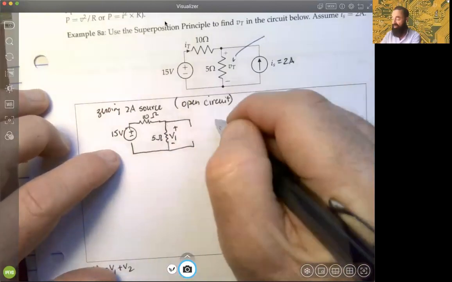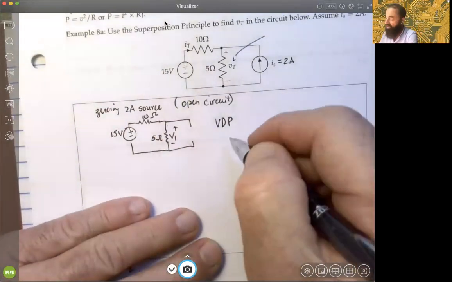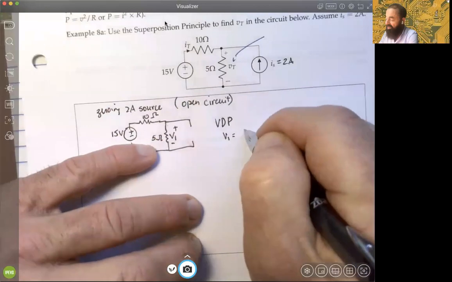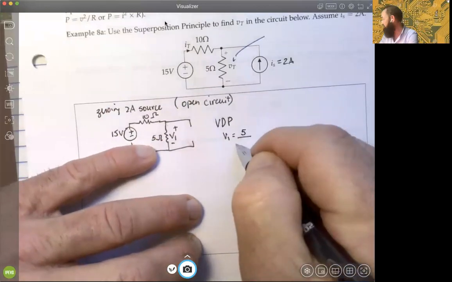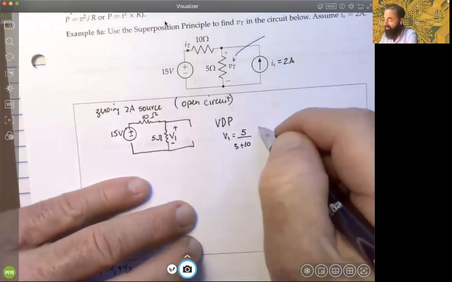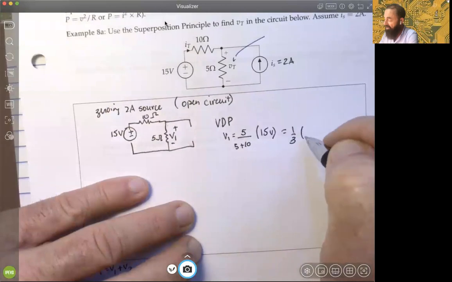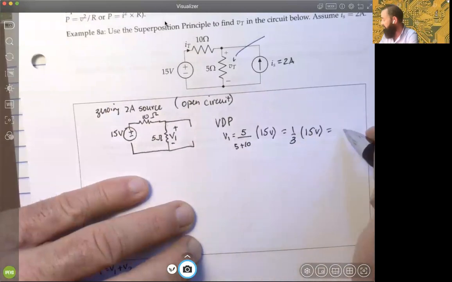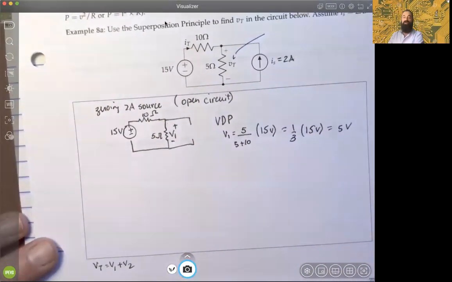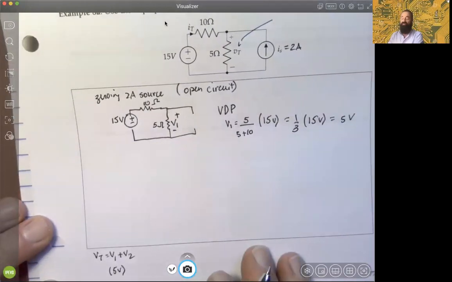So you could apply VDP, the voltage distribution principle, and know immediately that V1 must be that 5 ohm resistance over the sum, 5 plus 10, times the voltage source, which is 15 volts. That would give you 1/3 times the 15 volts, so that's 5 volts. So therefore, we know the first response is 5 volts.